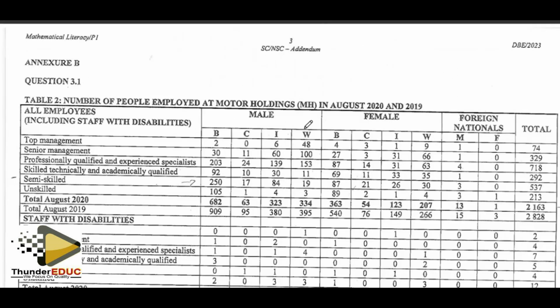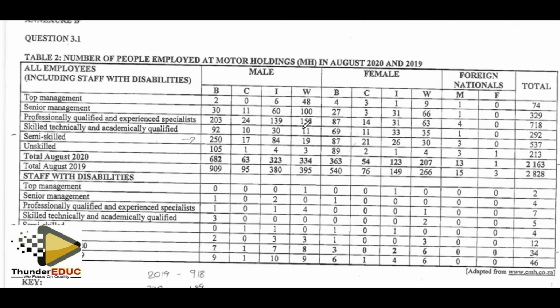This is our annexure. I want you to see it clearly. We are looking at semi-skilled employed in 2020. So when you come here we have the total. Then also here staff with disabled.